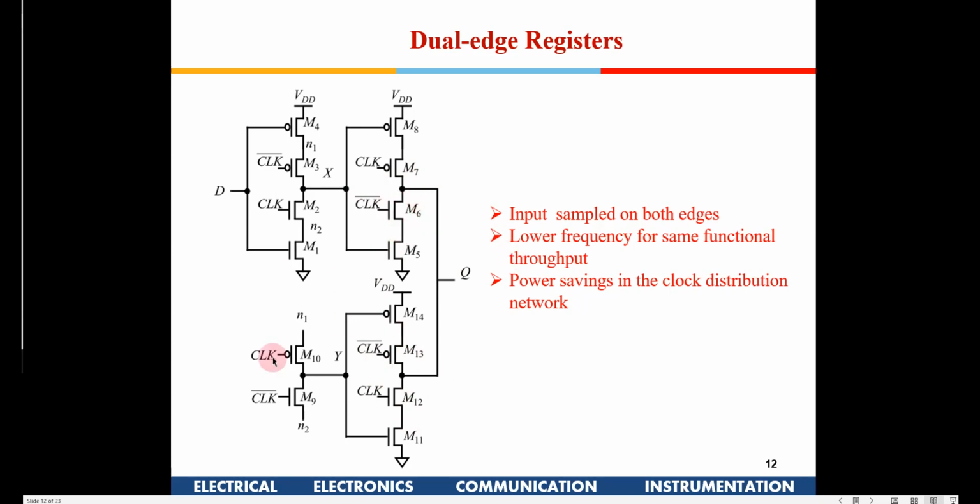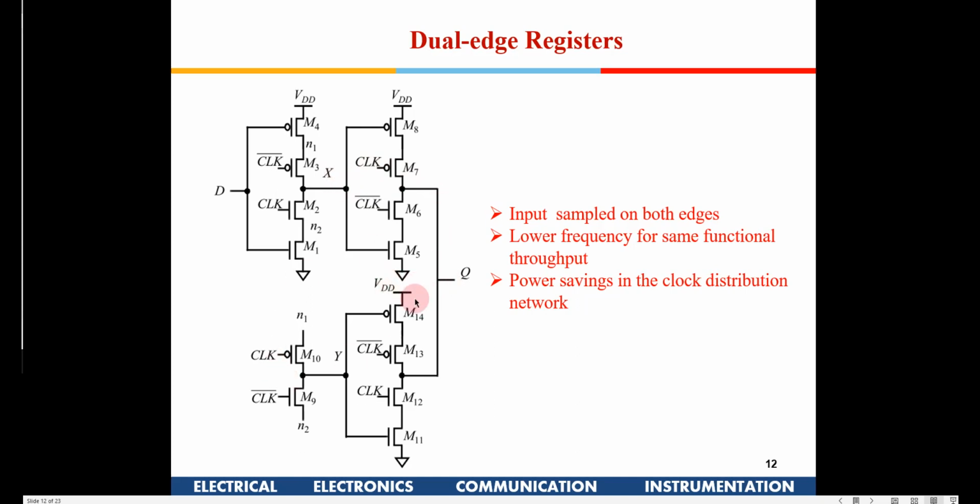So what happens in this whole scenario is that when the clock is low, D is available here, and D is available at Y, and on the positive going edge this will be sampled and available here. When the clock is high, D is sampled at the X node, and on the negative going edge this is going to sample this data and put it at Q here.